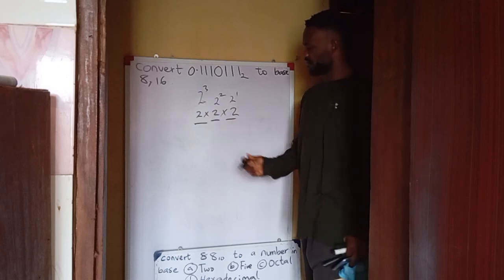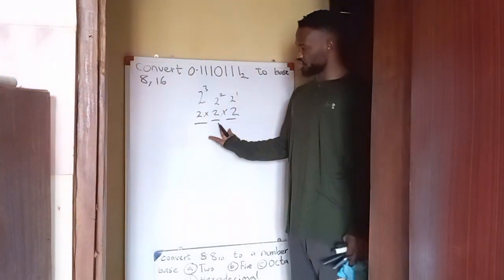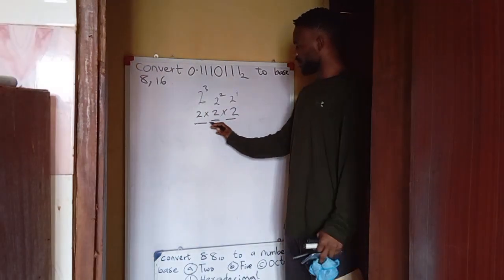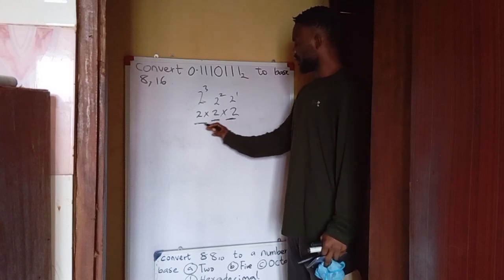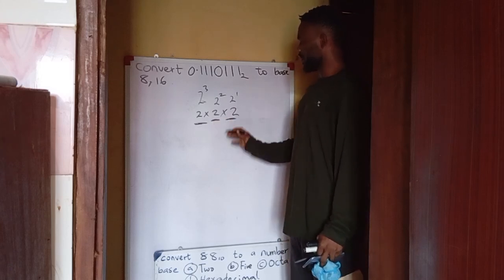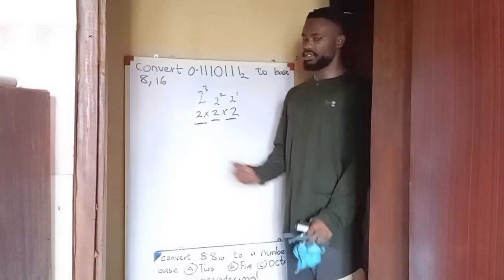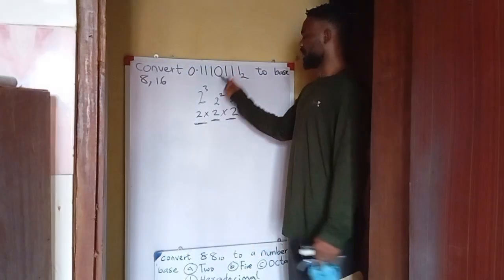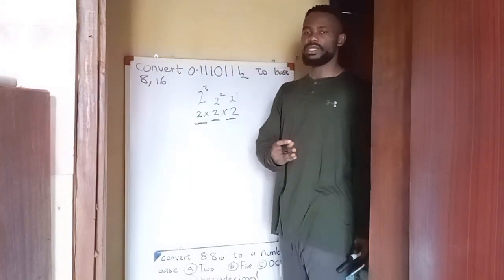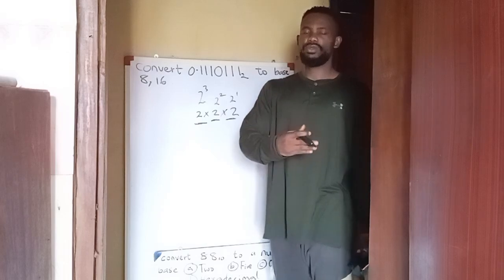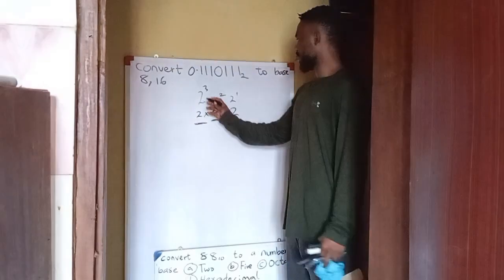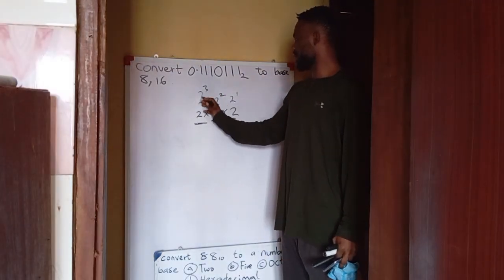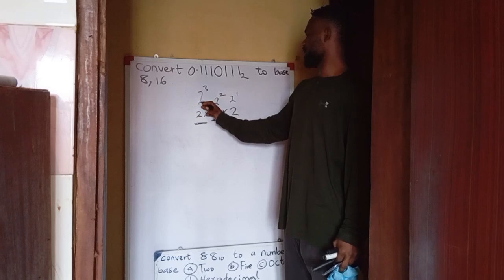So whenever I want to convert any number from base 2 to base 8, I must make sure that we have three places, or three bases. You know that base 8 numbers are numbers that range from 0 to 7.